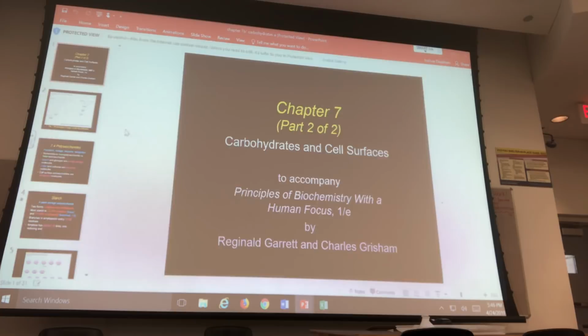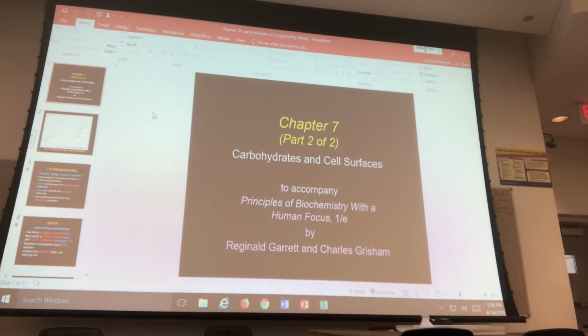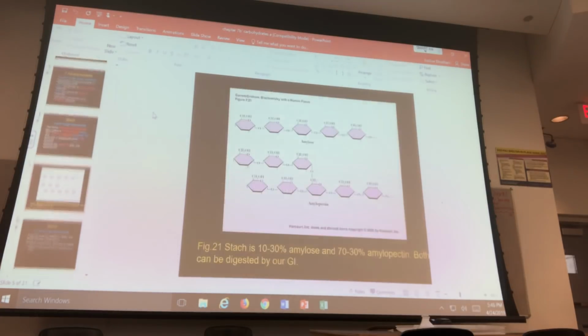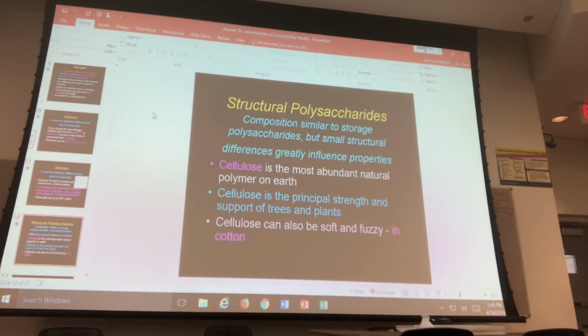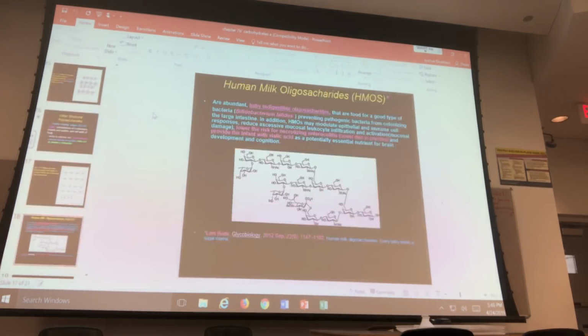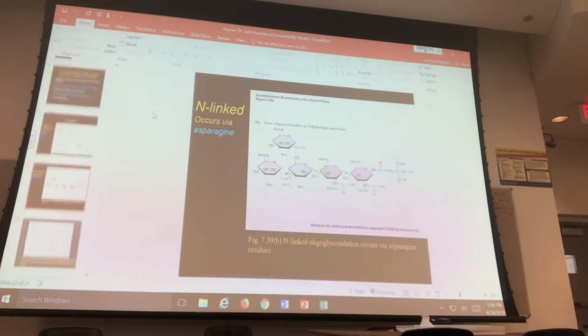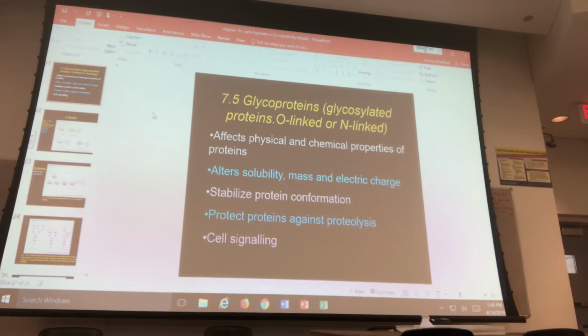Okay, 7b talks about polysaccharides, of which the most important one that you may need for the final are your glycoproteins, of which there's two categories, O-linked and N-linked glycoproteins, and each one has slightly different properties, right? You learn that glycoproteins are proteins that have a sugar attached to them.